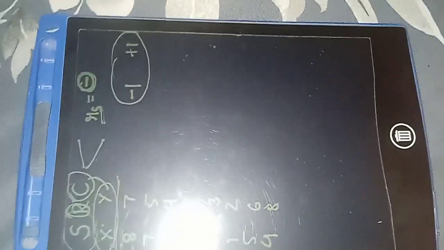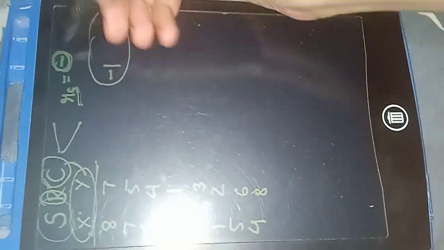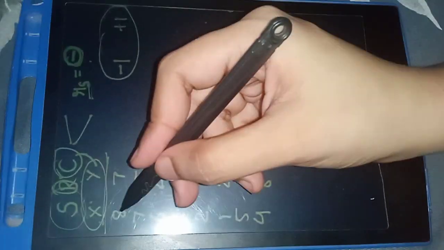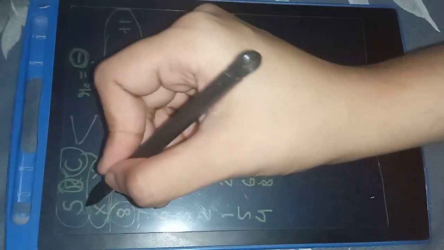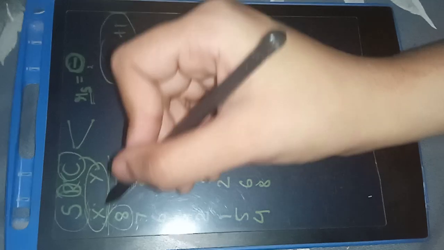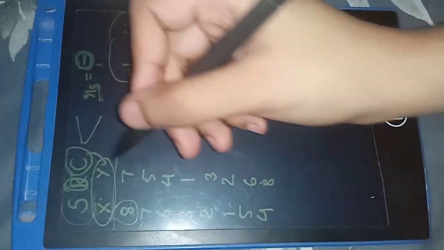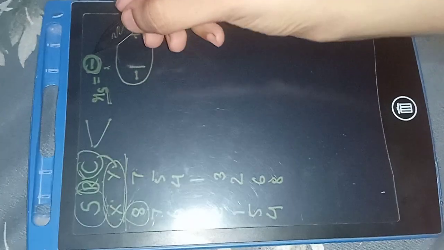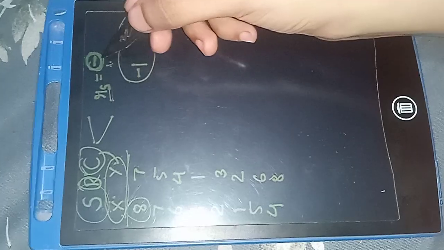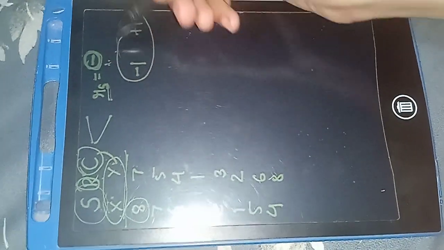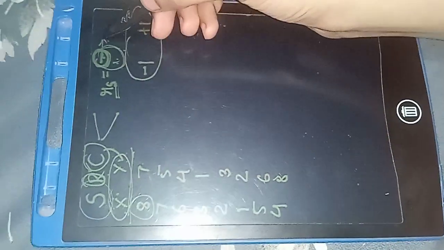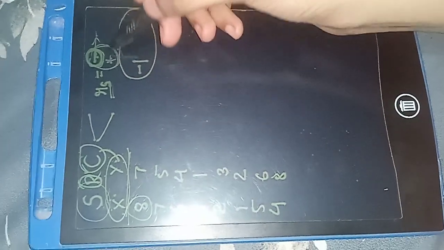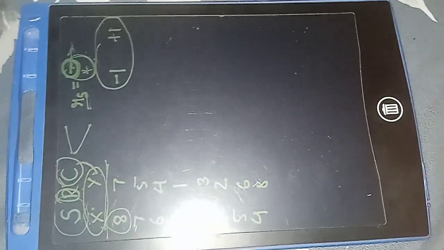And if the sign is positive, it means if x is decreasing, y is also decreasing, and if x is increasing, y is also increasing. This is the insight we get from the sign: minus means negative correlation, positive means positive correlation.